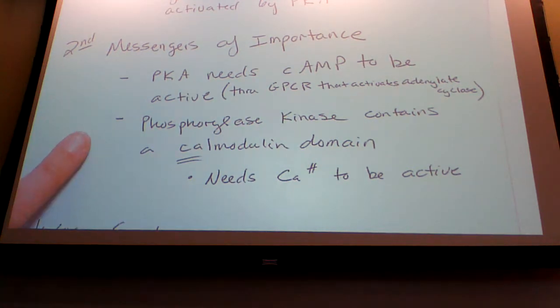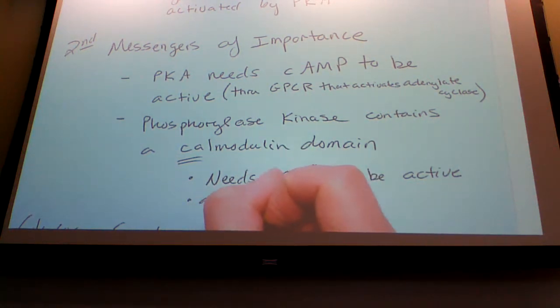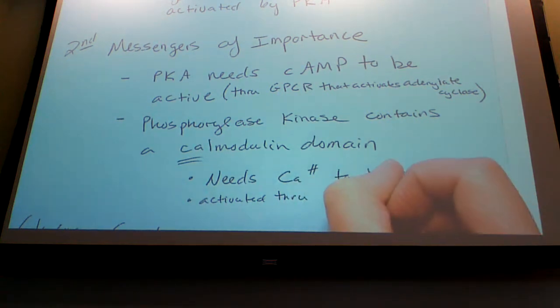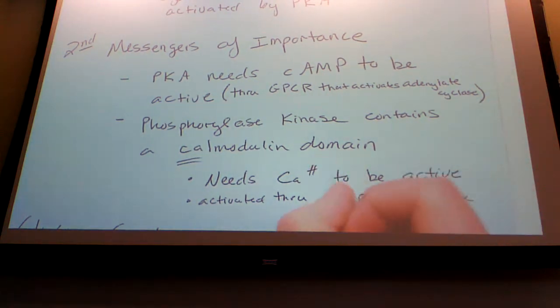Phosphorylase kinase has a calmodulin domain and needs calcium to be active, and so this is activated through a G protein coupled receptor in the phosphatidylinositol pathway.